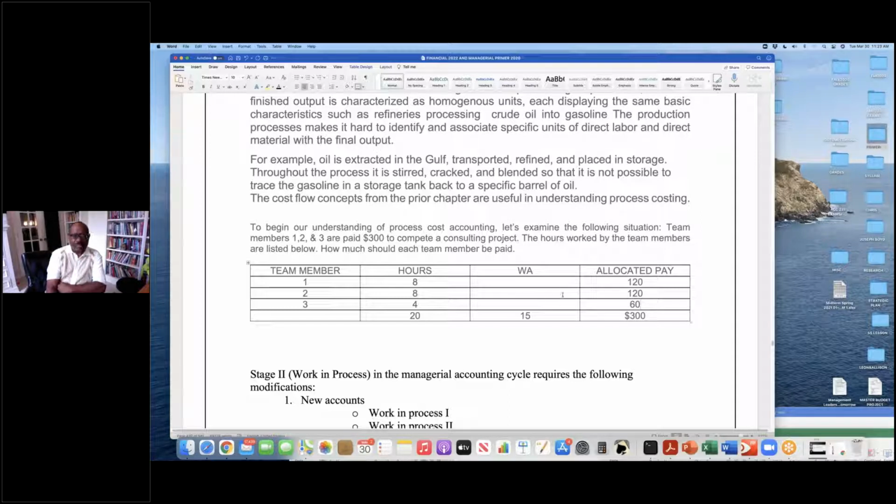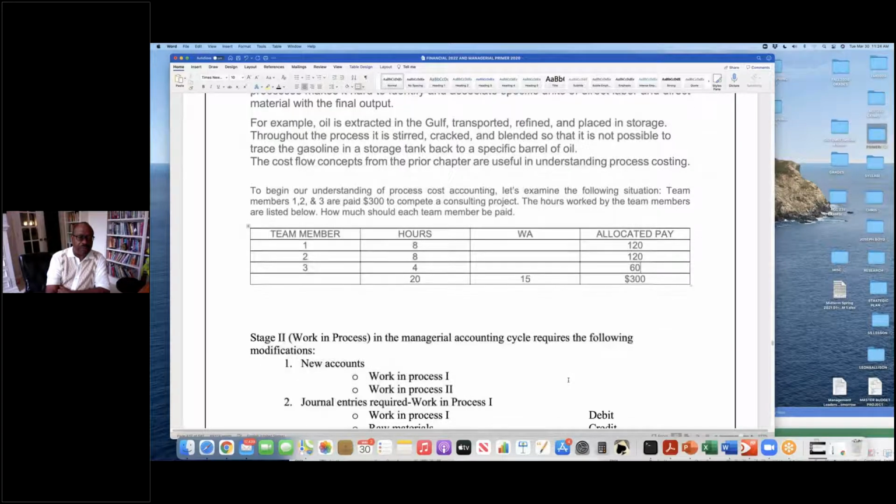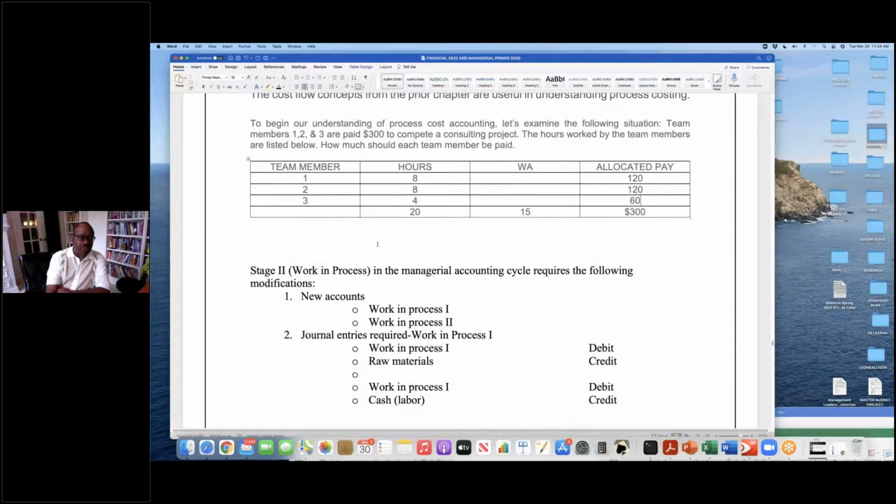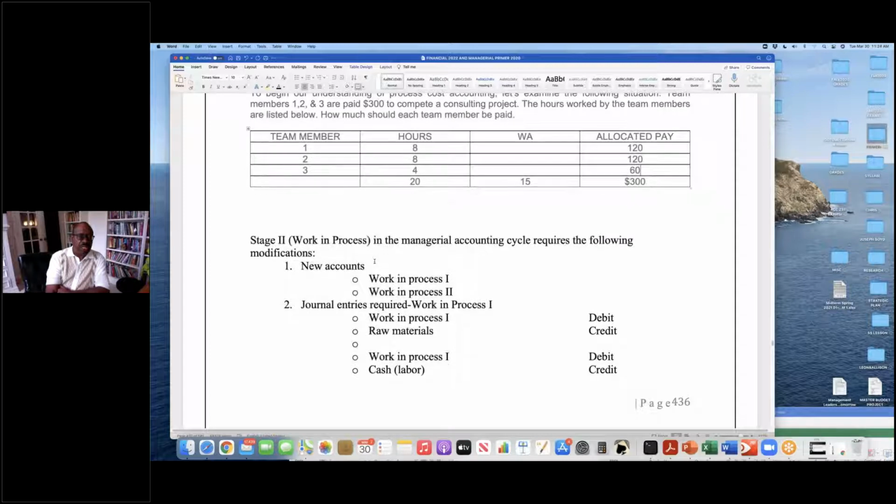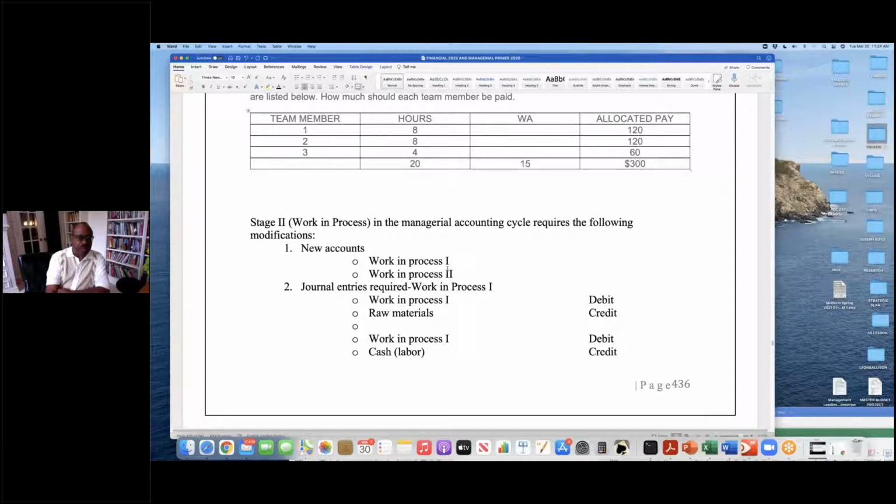So just keep this little example in the back of your mind as we go through and we begin working with process cost accounting. Stage 1 doesn't change. But in stage 2, we have new accounts, working process 1 and working process 2.